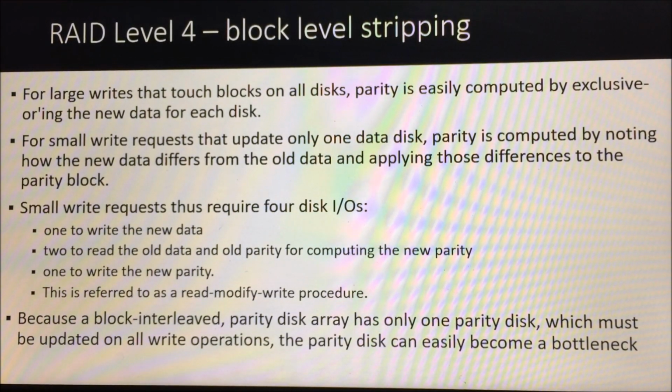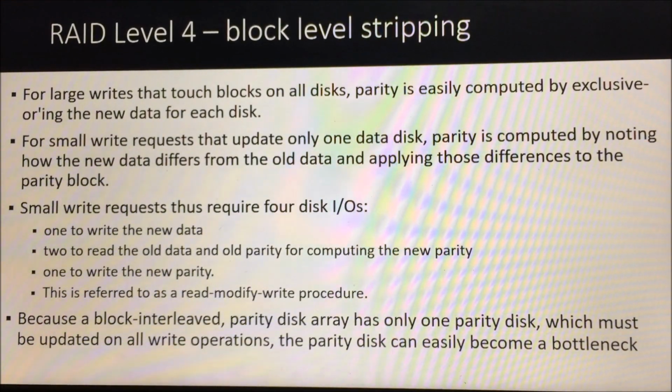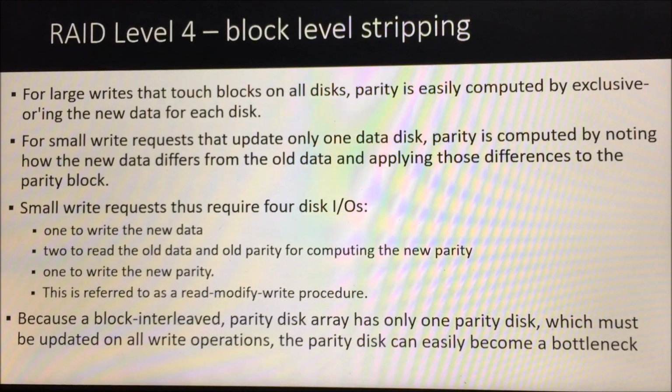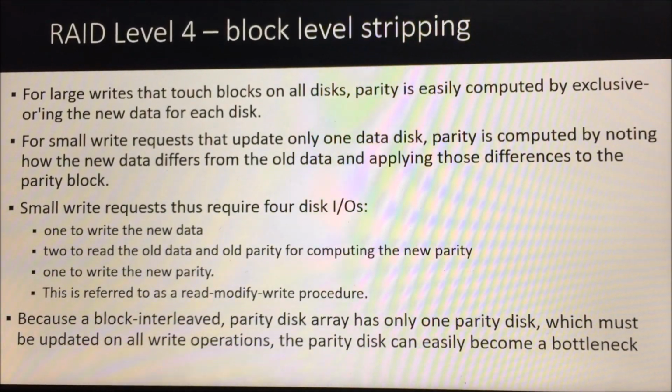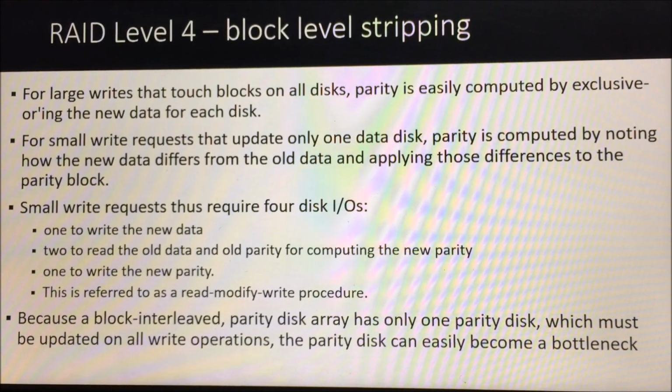Because the parity depends upon the existing data also, and the write is a small request, that is, only a small amount of data we are writing, we are supposed to access the disk where we are writing the data and also the corresponding parity disk, and at the same time update the parity also. So all these are considered as 4 disk accesses, and we consider this as the read, modify, write procedure.